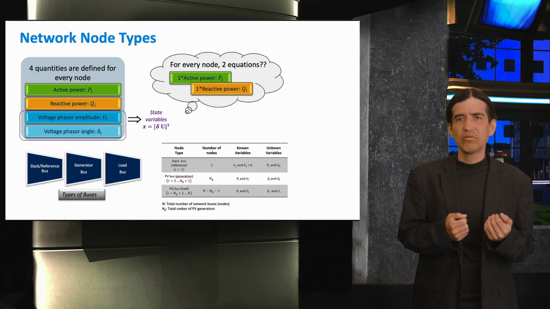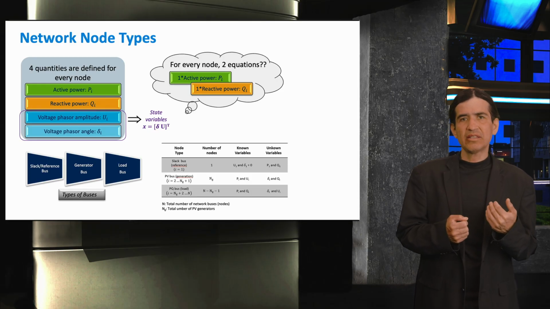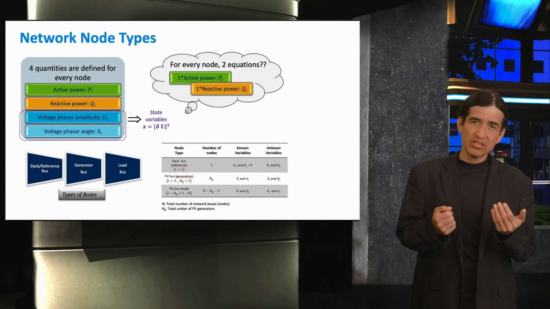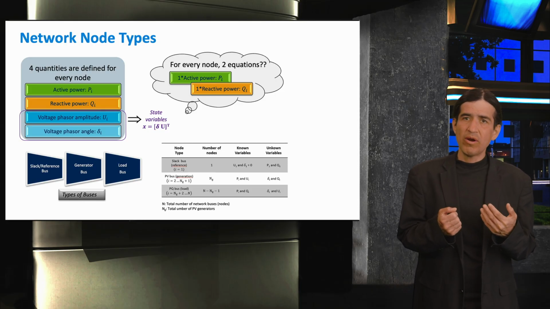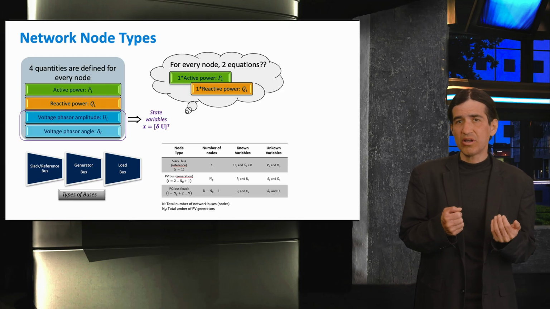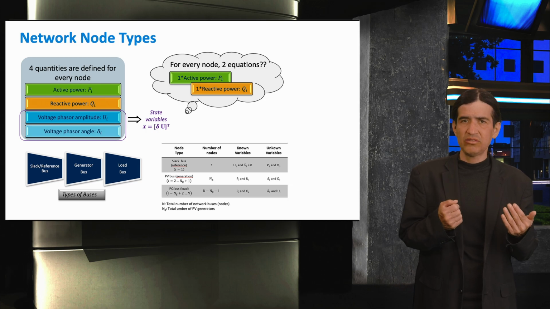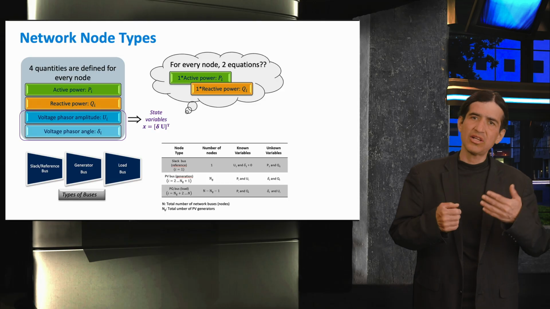A PV generator bus has known active power and voltage magnitude, while reactive power and voltage angle are unknown. So, one active power equation is used. A PQ load bus has known active and reactive power, while voltage magnitude and angle are unknown. So, both active and reactive power equations are solved.